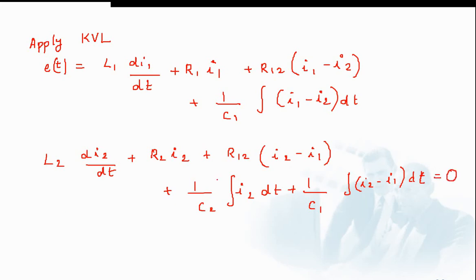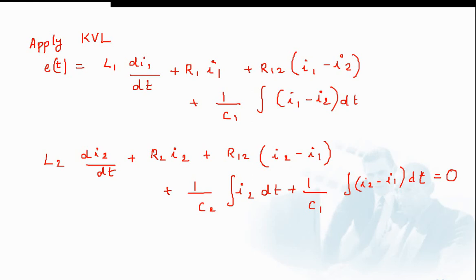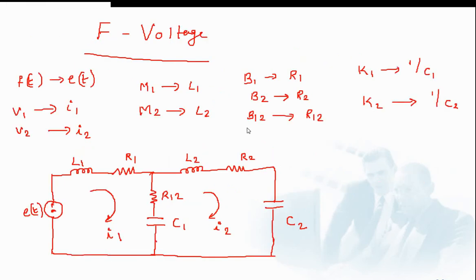These are your two equations corresponding to the given force voltage analogous electrical circuit. This we can write from this circuit by applying KVL in the first mesh and second mesh.